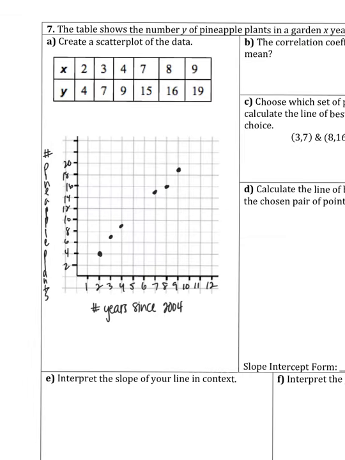All right, so take a second to check out my graph. I went by 1s on my x-axis and labeled it number of years since 2004. I went by 2s on my y-axis and labeled it number of pineapple plants. All right. So let's answer these questions about this scatter plot.